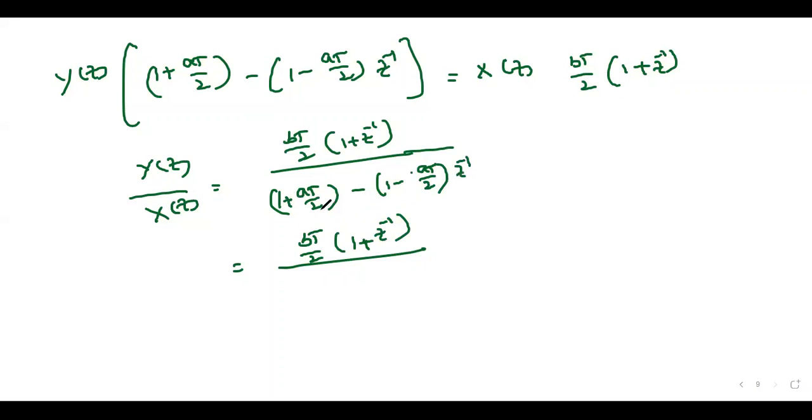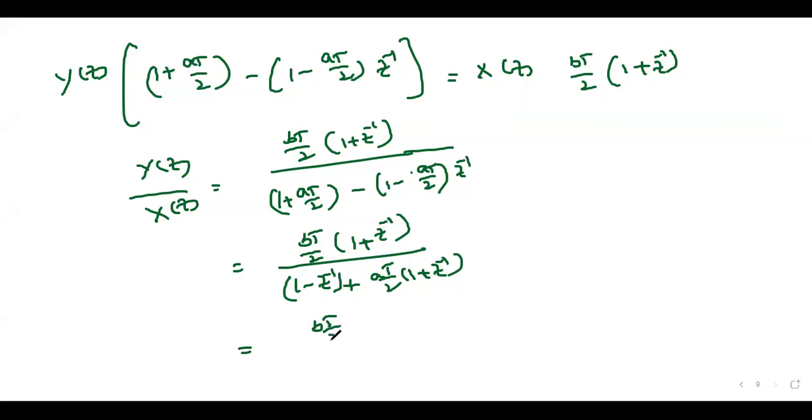Right, now Sandhya, correct. Then this 1 minus z inverse we can write, then plus aT by 2 plus aT by 2, so aT by 2 into 1 plus z inverse I can write. So this plus this, I can't take it common, but I will take 1 plus z inverse common, so that the numerator will be cancelled.